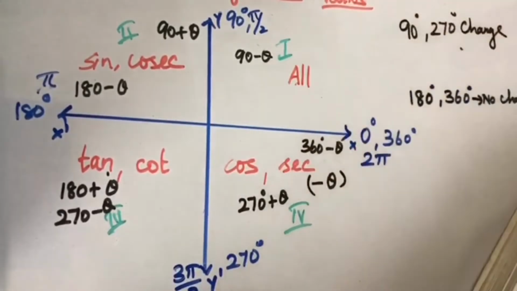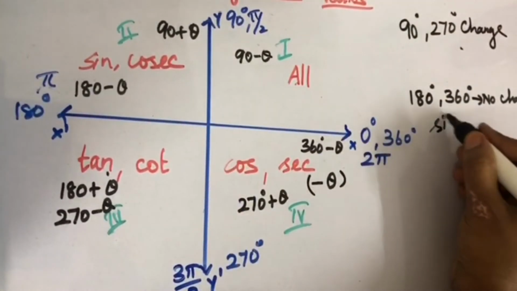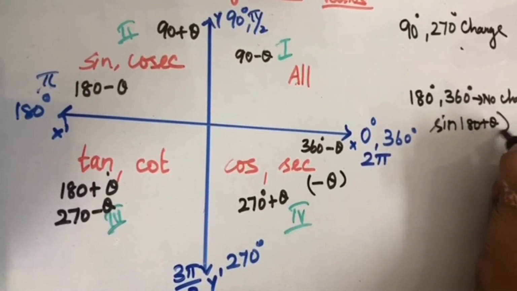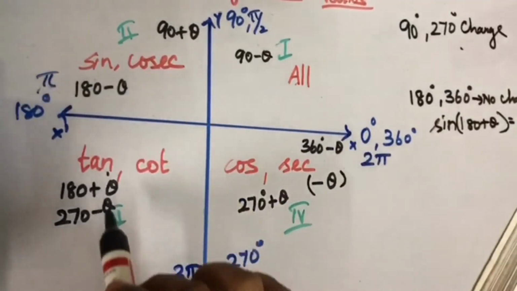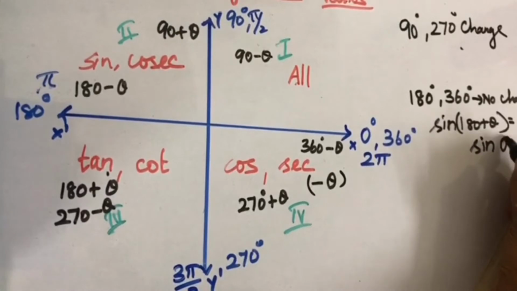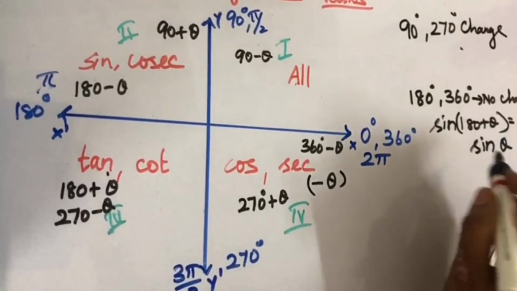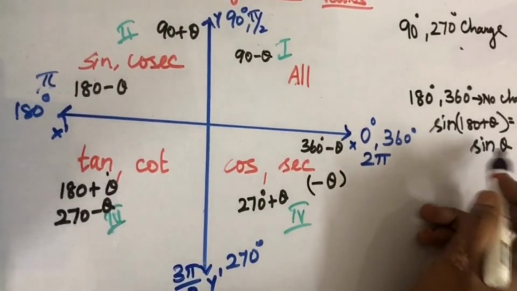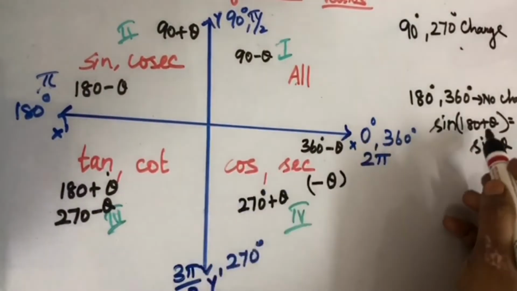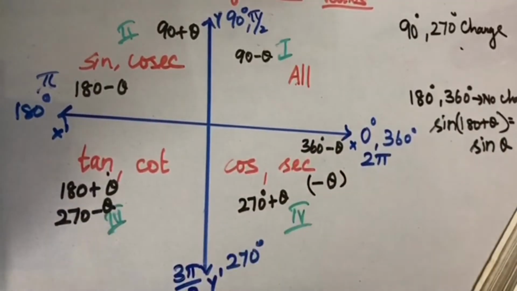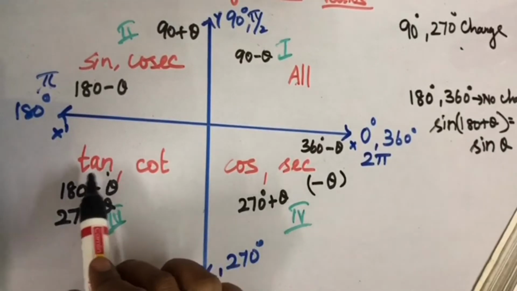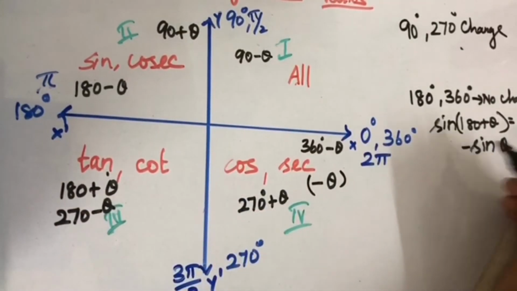So sine 180 plus theta is equal to, it comes in the third quadrant, so it remains sine theta. It does not change to cos. Okay, sine theta. What about the sign, plus or minus? It is sine 180 plus theta and it lies in the third quadrant. In the third quadrant sine is negative, tan and cot only positive, so it is minus sine theta.